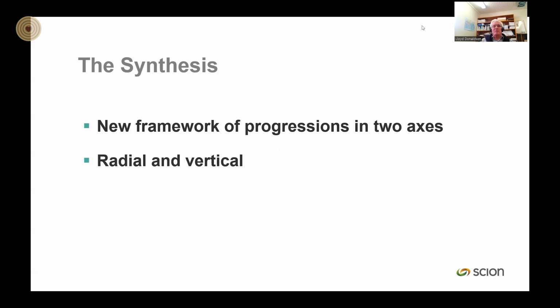Now, I had proposed a synthesis, and it represents a new framework of progressions in wood properties in two different axes. In the radial axis, you have the progression from core wood to outer wood. And in the vertical or longitudinal axis, you have the progression from juvenility to the mature state.